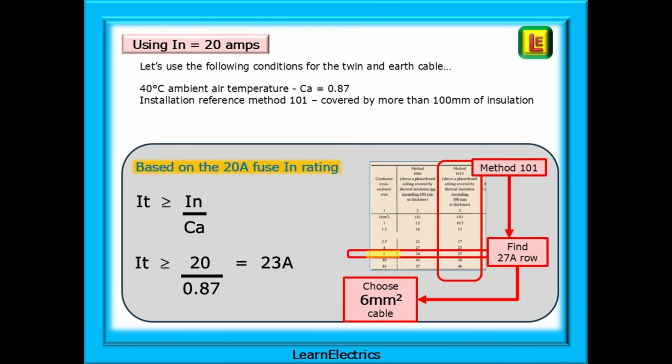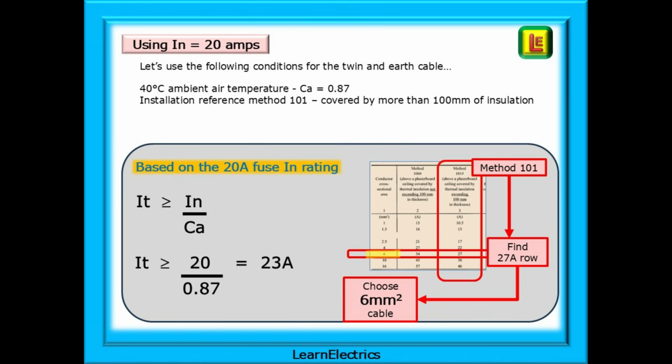Now, exactly the same conditions, but this time using the 20 amp breaker for IN. The calculation tells us to choose a cable that will take at least 23 amps with reference method 101. This is 27 amps, and we should choose 6 mm twin and earth cable.